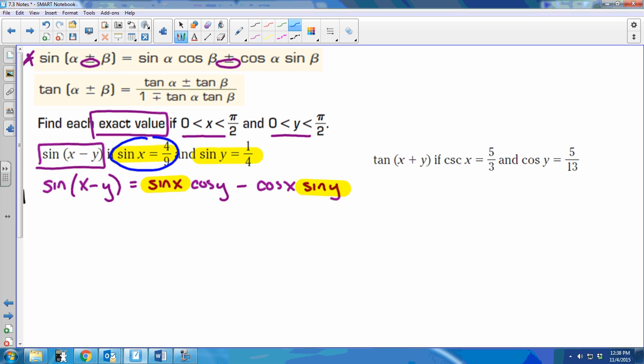So to find cosine X, we have sine squared X plus cosine squared X equals 1. I know that sine of X is 4/9, so we put that in for sine X, and then we square it. And we're just going to solve for cosine X. So 4/9 squared is 16/81.